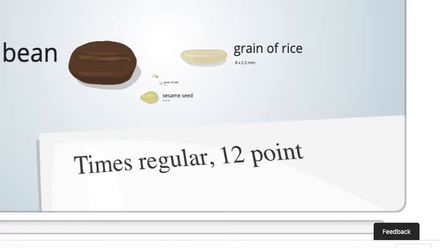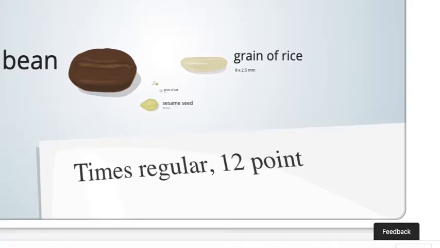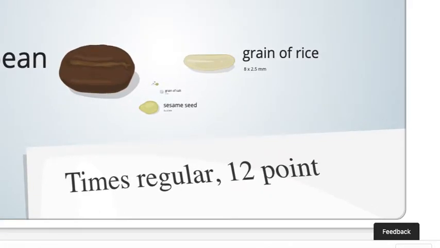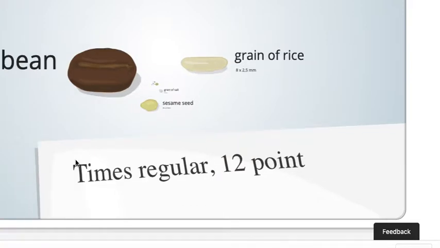But anyways, as you scroll through here, you can see that here a single cell for a coffee bean or a sesame seed, they put a grain of salt, even though that's not a cell, and then a grain of rice. You can see their size, okay?